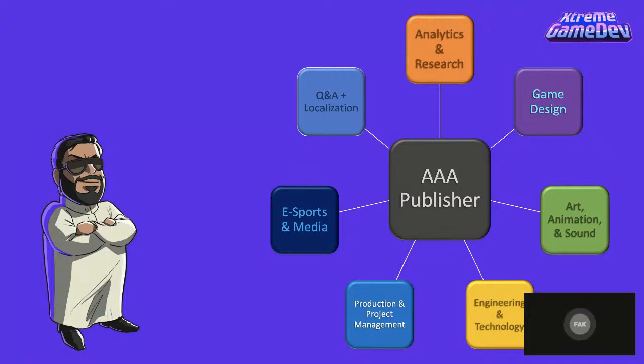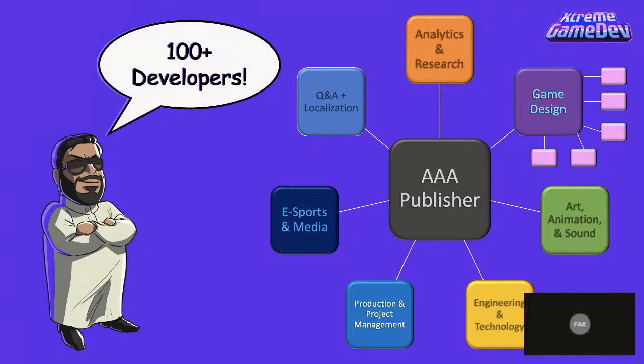For example, the game design team will have even more developers under it, and every game designer will have a specific thing to do. I'll also give you an example of a AAA publisher. Usually AAA publishers range from 100 plus to 1,000. So they're big companies, basically. And we're going to talk about the game design part only in a AAA publisher.